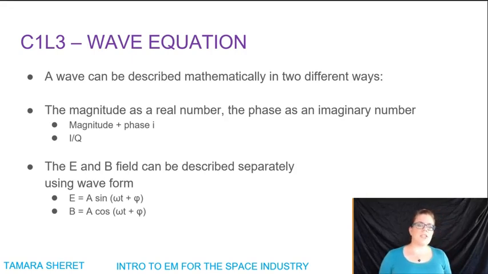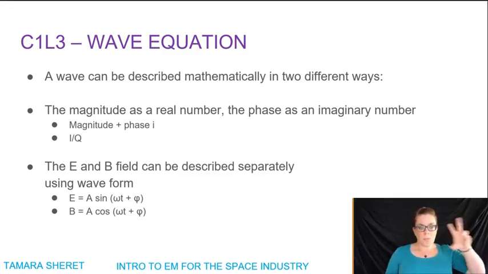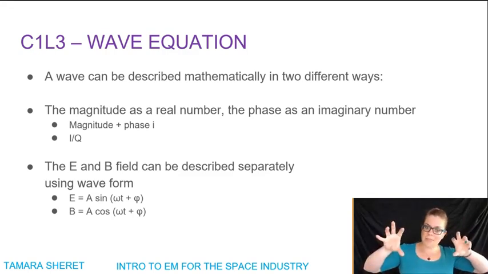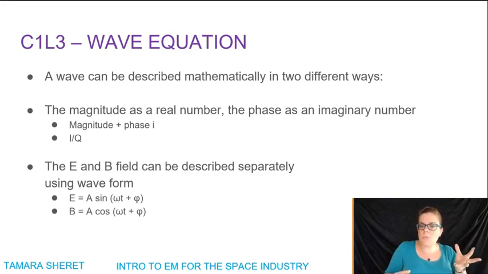So the wave equation is actually a collection of different ways of thinking about electromagnetic radiation and how we can manipulate it to get the information we want out. The top one is where you've got your magnitude as a real number and your phase as an imaginary number. These are the two parts that we want to measure.